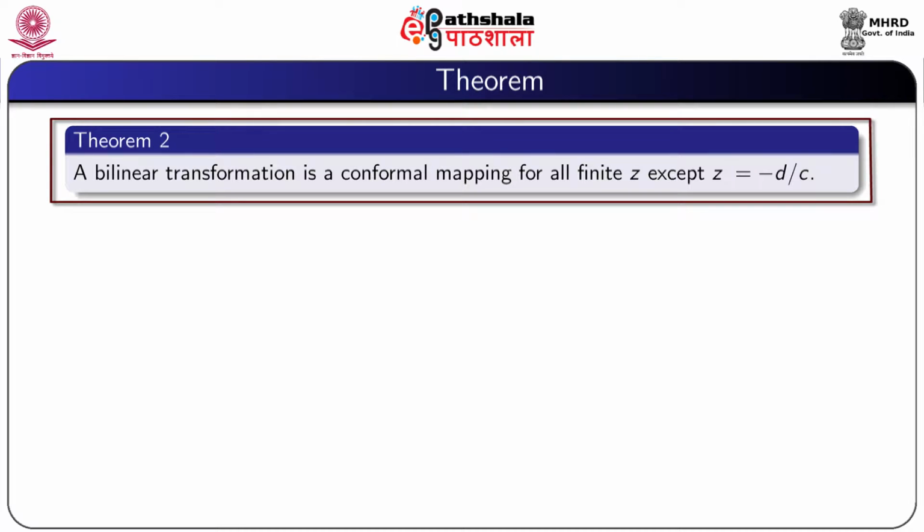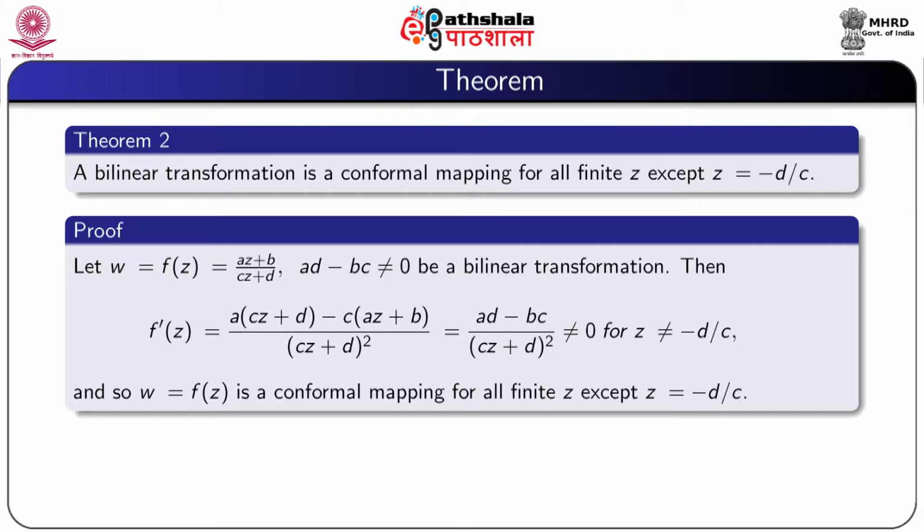Now, we prove another result. A bilinear transformation is a conformal mapping for all finite z except z equal to minus d by c. Let w equal to f(z) equal to (az plus b) by (cz plus d), ad minus bc not equal to 0, be a bilinear transformation.